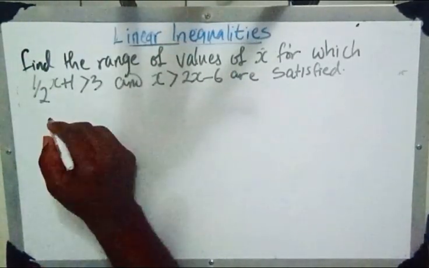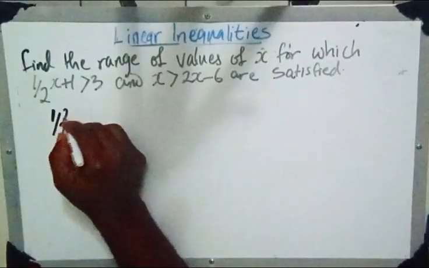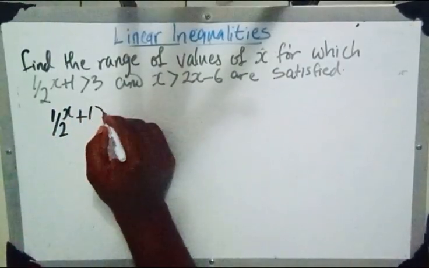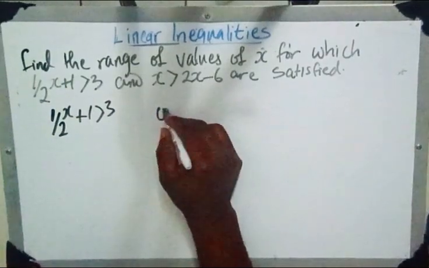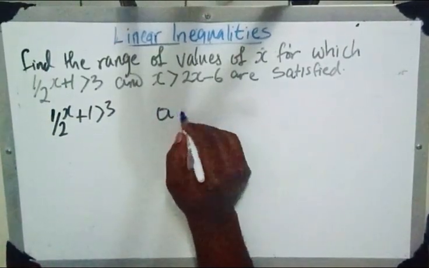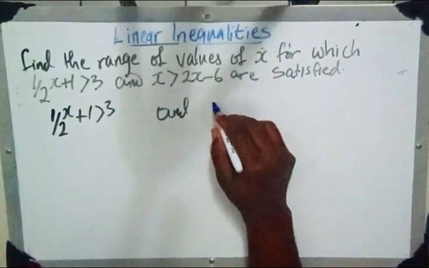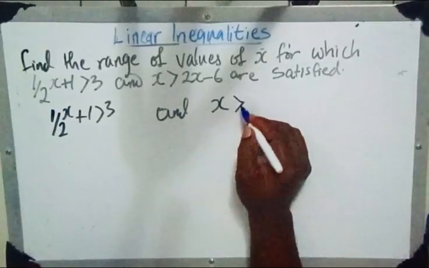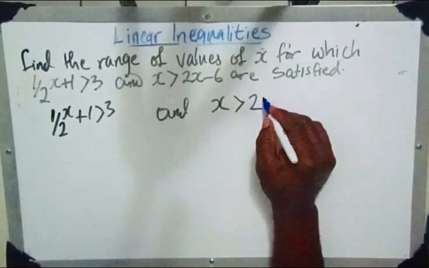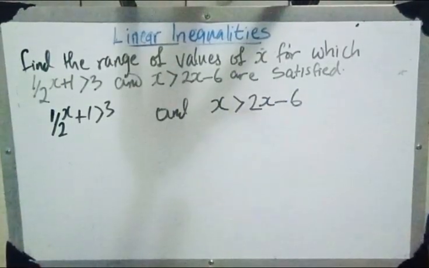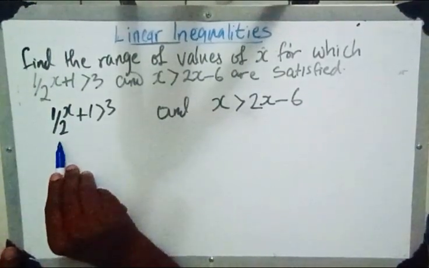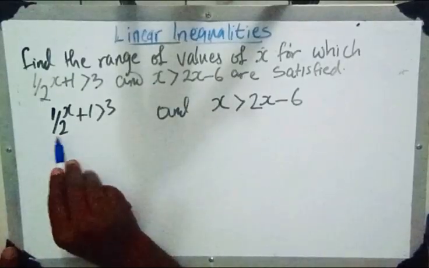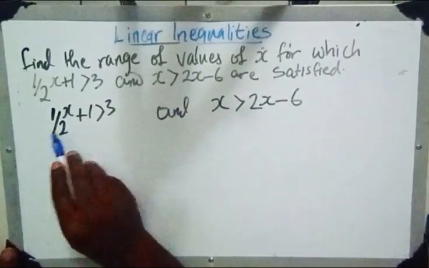So I'm going to write out this one, 1 over 2 times x plus 1 greater than 3, and x greater than 2x minus 6. So let's work this out. Now over here, this is half. So I will simply multiply through by 2 so that I'm not going to have any half here.